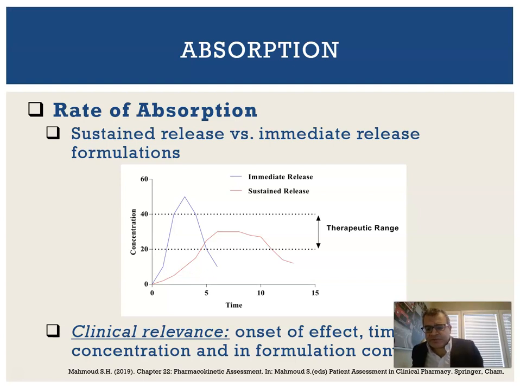As you see, immediate release formulations release the drug rapidly. Concentration goes up quickly, with the potential for a high maximum concentration, which we call Cmax, right? While the SR formulation releases the drug slowly and the Cmax will be lower, right?